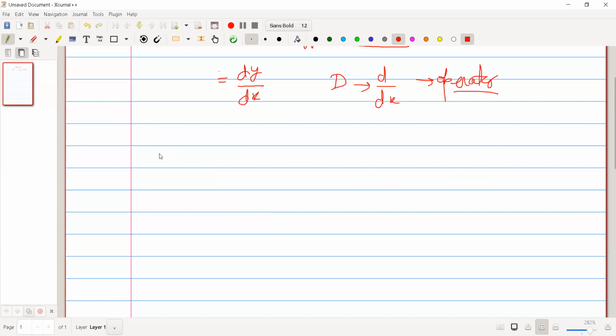We have to give some formula like a x power n, dy by dx. Before that, we have to give some basic things. d of x power n by dx equals n x power n minus 1.